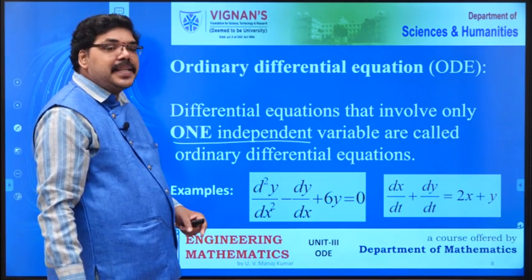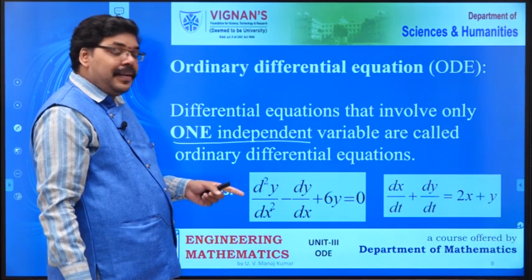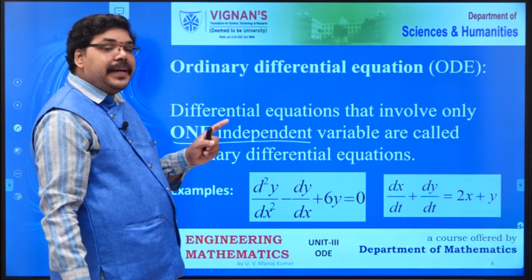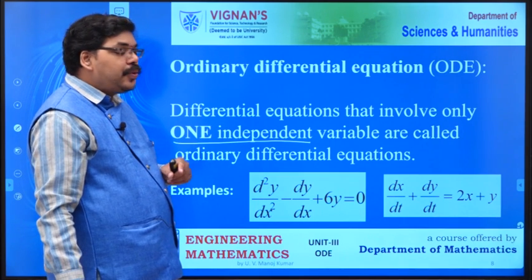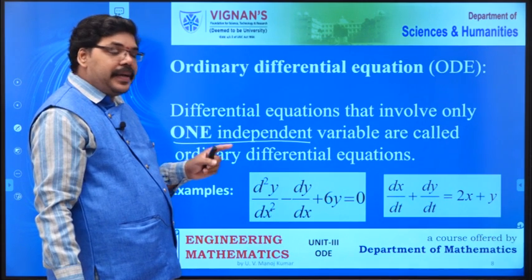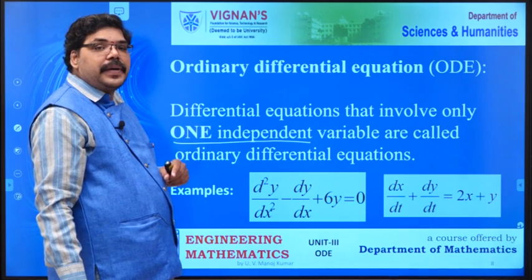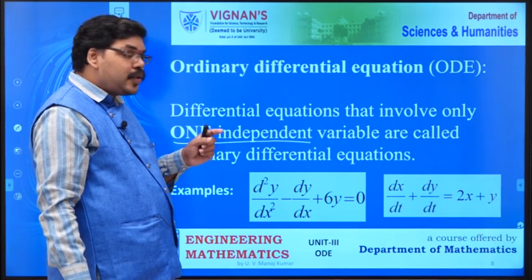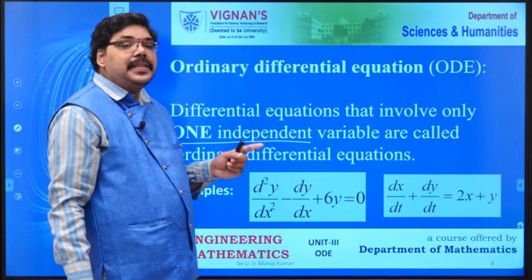Similarly, if you see the second example, there dx by dt plus dy by dt equals to 2x plus y. We are differentiating x with t, and also we are differentiating y with t.